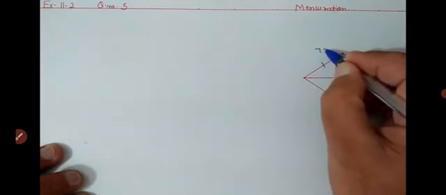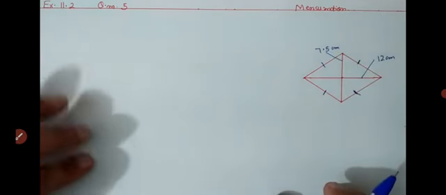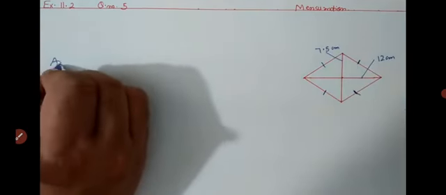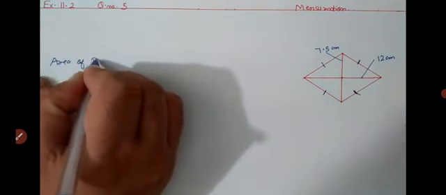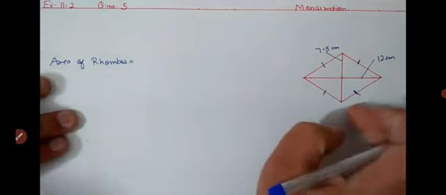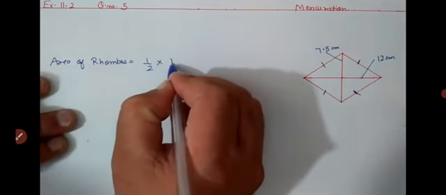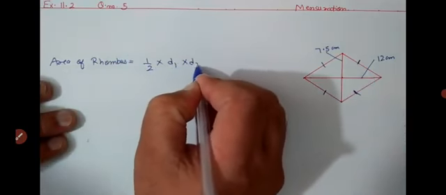Two diagonals are given, so we have to find the area of this rhombus. So we know that area of rhombus is 1 by 2 into d1 into d2.